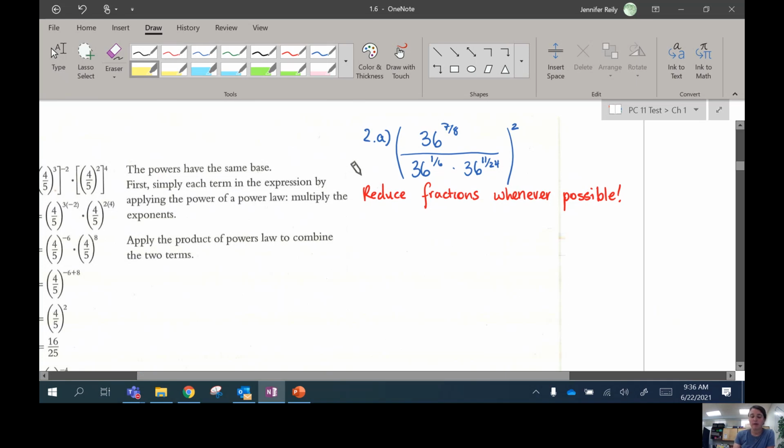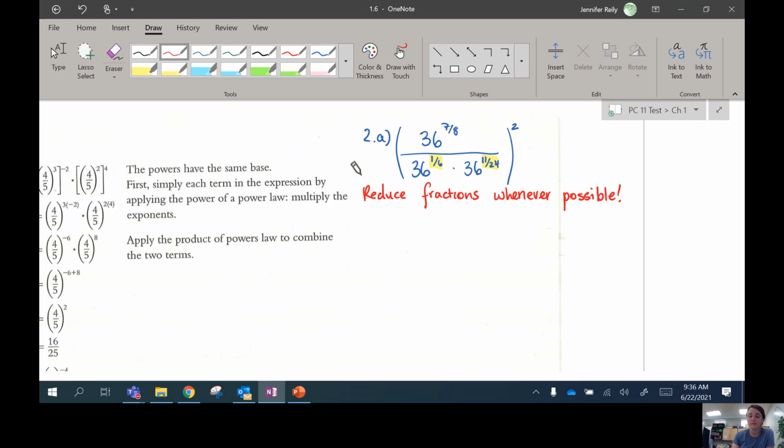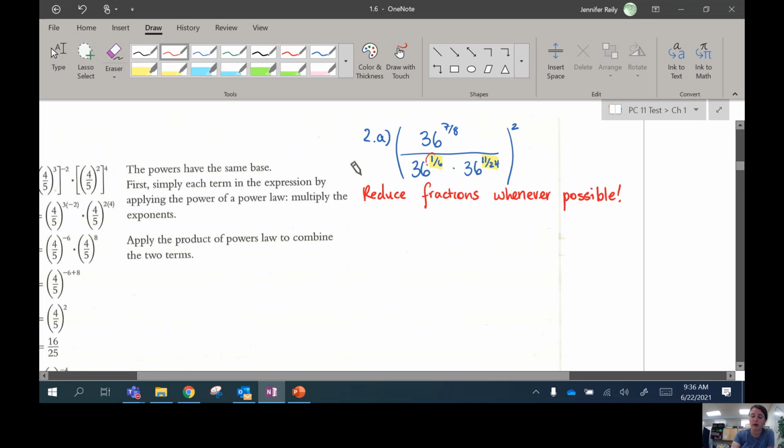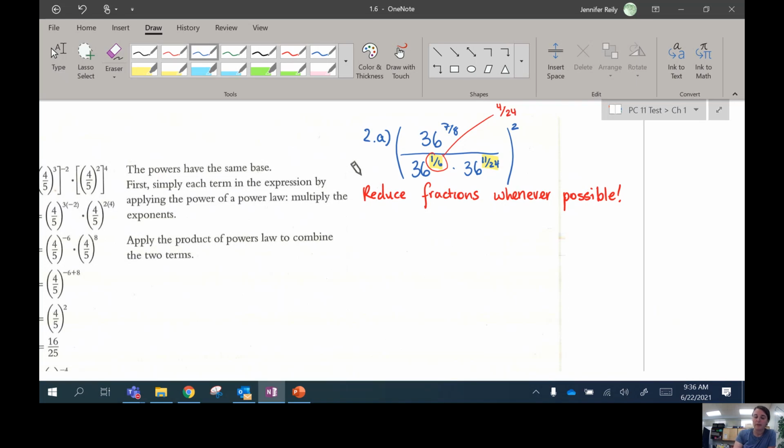Okay, so first thing we're going to do here is work inside the brackets, and we're going to combine the 2 powers in the denominator there, because we have a product of powers with the same base. So we can add the exponents. And when we're adding 2 fractions, we have to recall that we have to have the same denominator. So 1/6 can be turned into 4/24 in order to add those 2 numbers together.